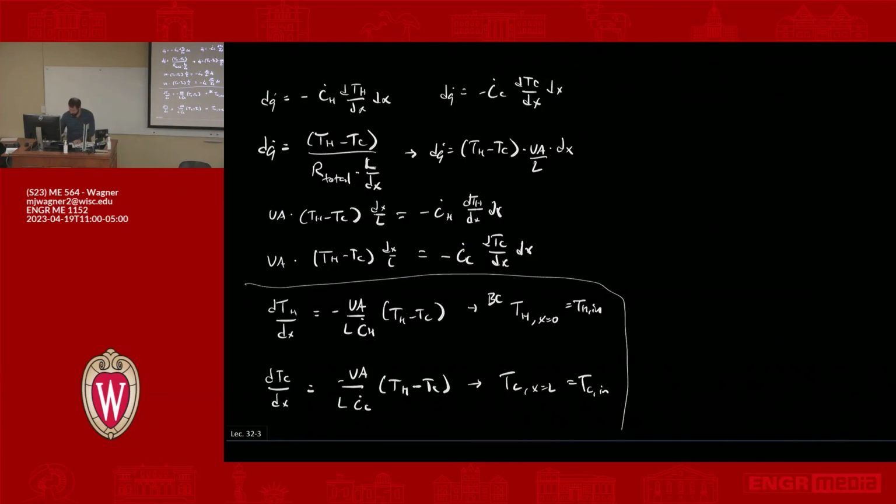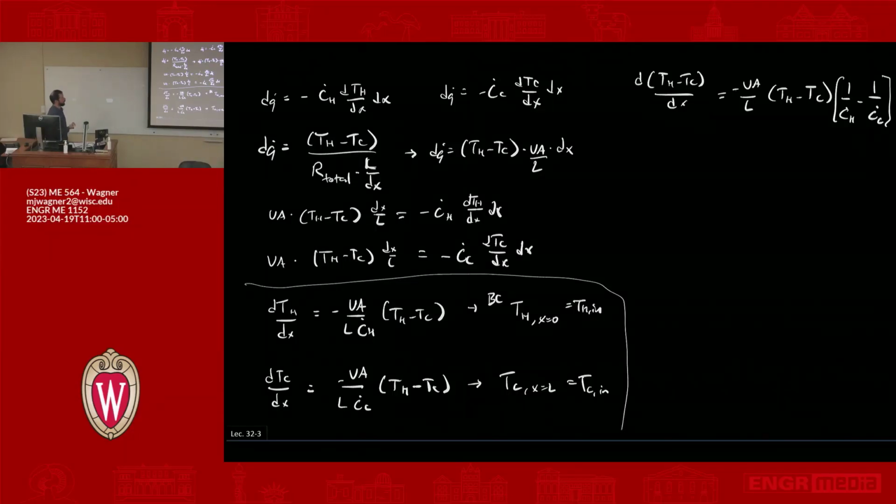If we did that, we would get this equation up here, which is d(TH minus TC) dx is equal to minus UA over L times (TH minus TC) times (1 over C dot C minus 1 over C dot H). I'll do that again: 1 over C dot H minus 1 over C dot C. That's just subtracting the two.